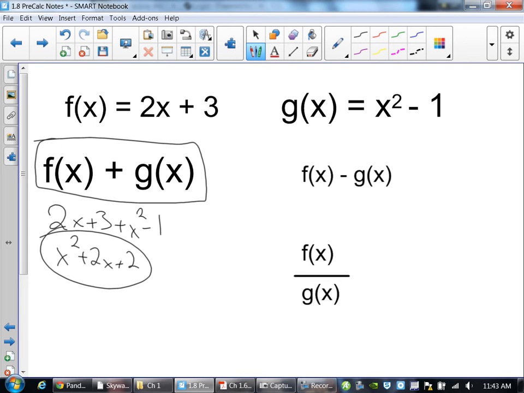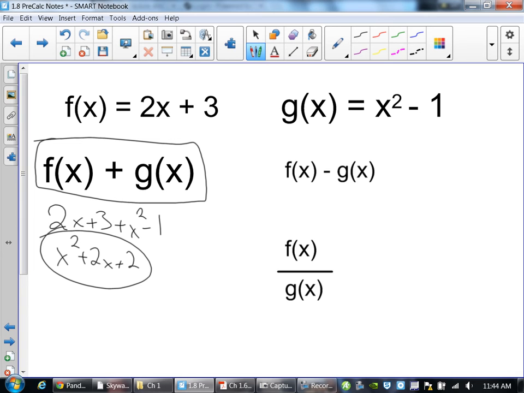What do you think it means when you have subtraction? 2x plus 3 minus x squared minus 1. What should you do to the second function though? You're right, throw it in parentheses. Good.